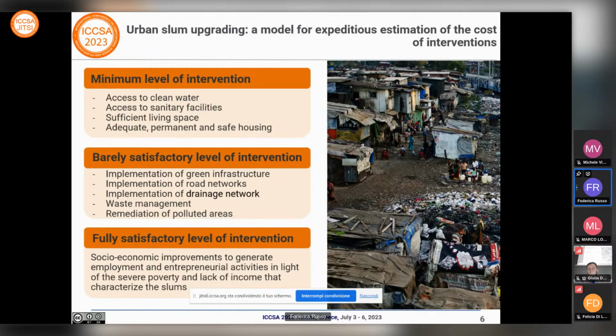As a second scenario, a barely satisfactory level of intervention, which includes works intended to improve the livability of the slums. In detail, the planned interventions to be added to the minimum level are implementation of green infrastructure, construction of road networks, implementation of drainage networks, waste management, and remediation of polluted areas.